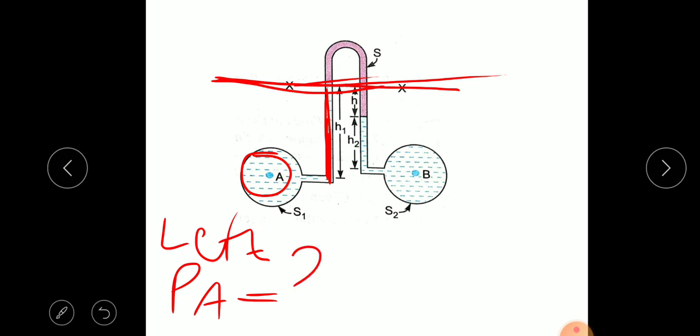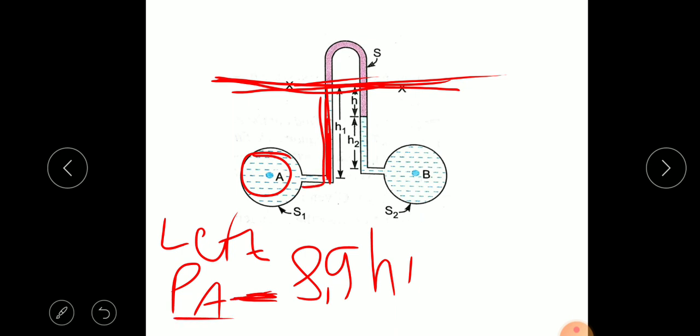So the pressure below the XX datum line in the left column will be PA minus rho1 g H1. The minus sign is because we are measuring the pressure below the datum line.